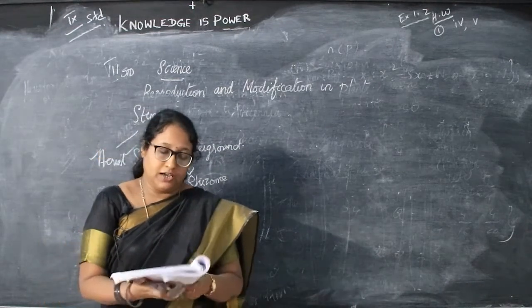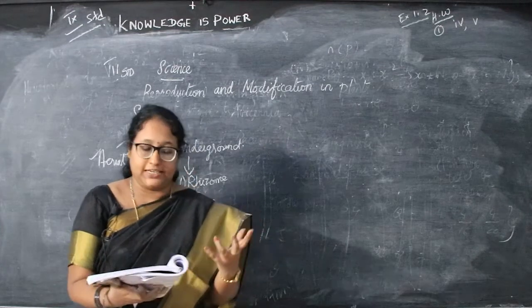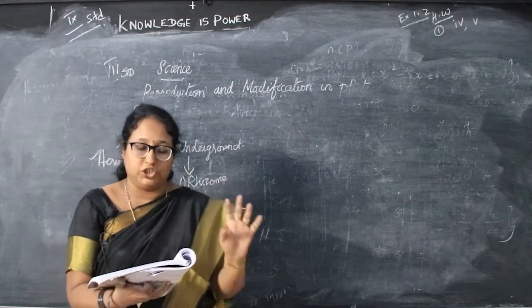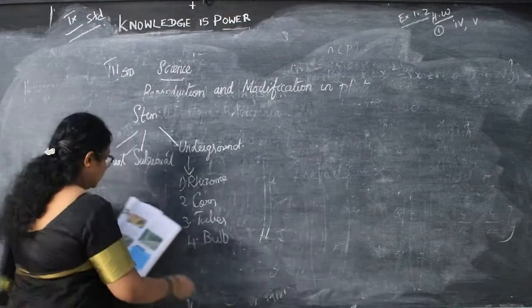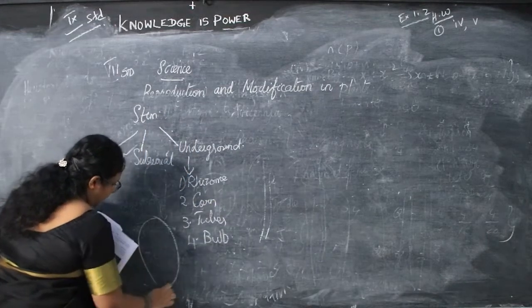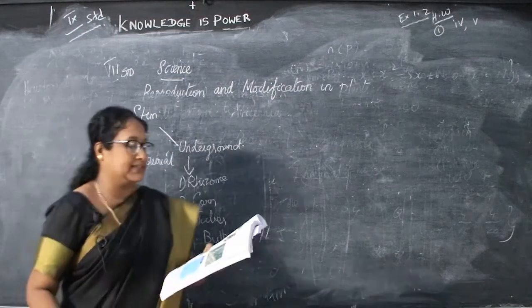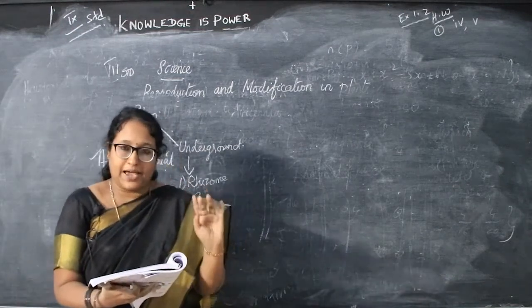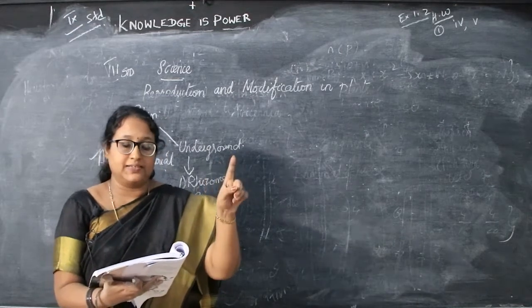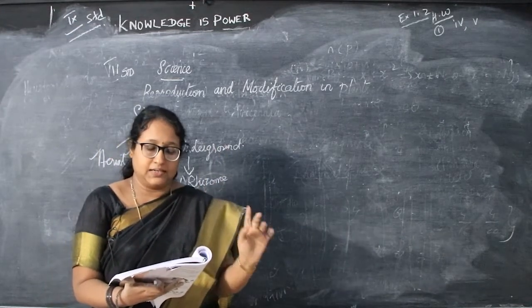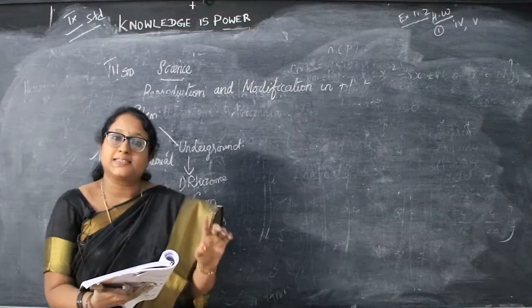Next is corm. Example, colocasia. In this, it is round in shape, flat at the top as well as the bottom. It bears one or more buds in the axils of the scale leaves.